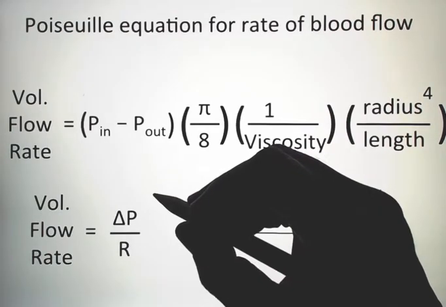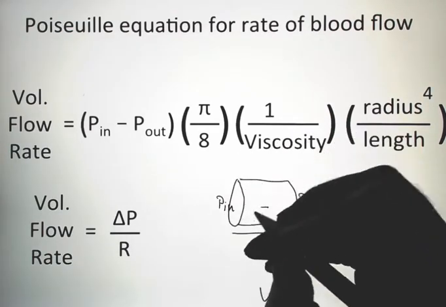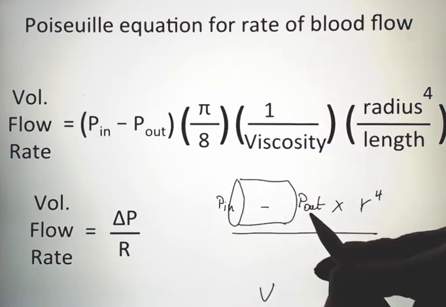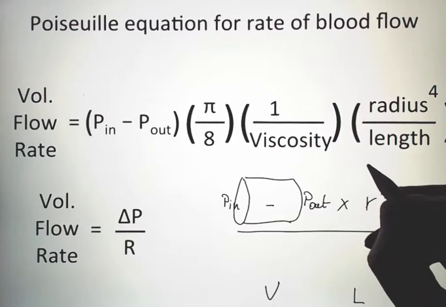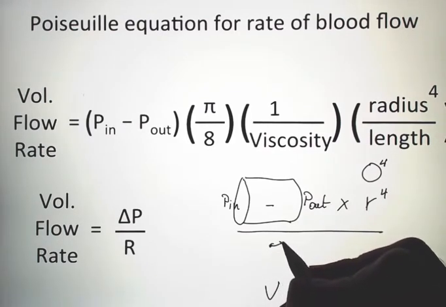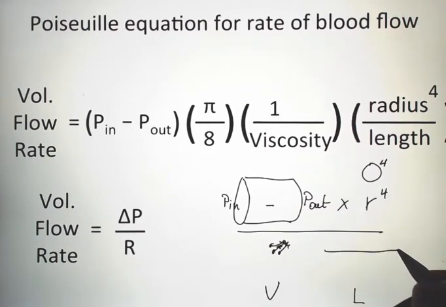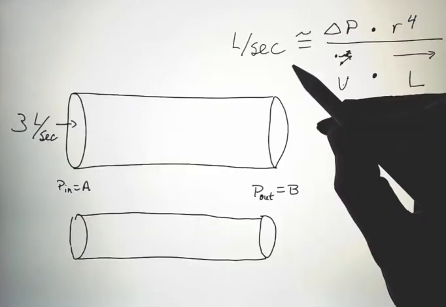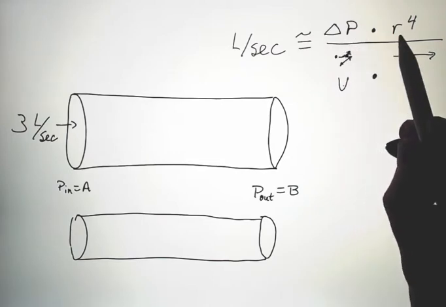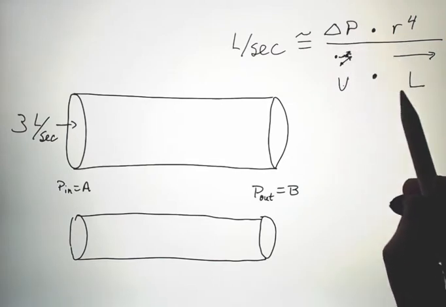To understand this equation, we could sketch it as the difference in pressure, pressure at the beginning of the tube versus out, times the radius to the fourth, divided by the viscosity, stickiness of the fluid to itself, and divided by the length of the tube. I've redrawn the equation here with volume flow rate, difference in pressure, radius to the fourth, viscosity, and length.